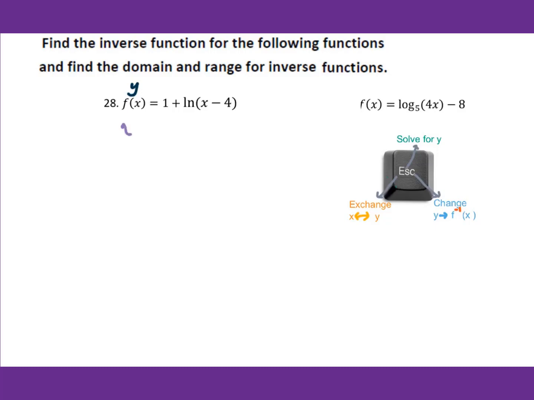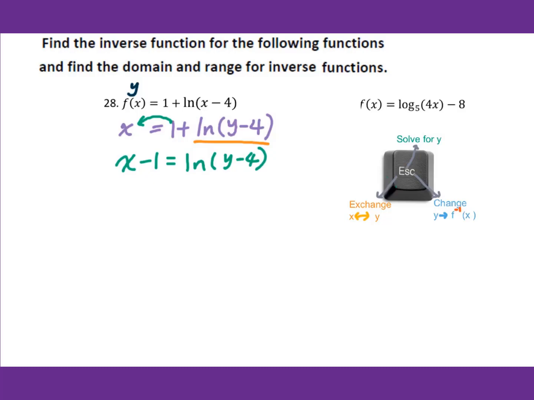Therefore, we got x equals 1 plus natural log of y minus 4. This is a logarithm function. We need to isolate the log on one side. Therefore, minus 1 both sides. We got x minus 1 equals natural log of y minus 4.